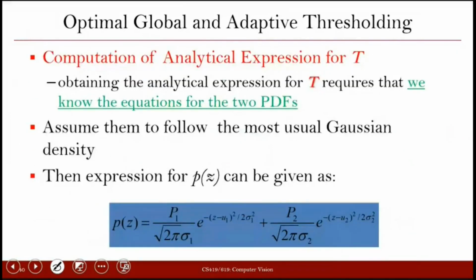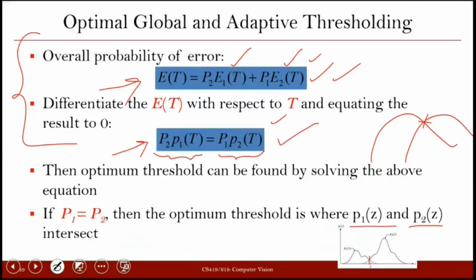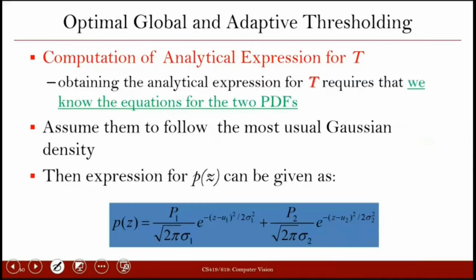Okay. A more analytical way, if you want to compute the threshold T, is to assume the nature of these distributions, and normally these distributions are Gaussian in nature. So we can assume that these individual probability densities P1Z and P2Z follow Gaussian distribution, so they can be replaced by Gaussian functions.